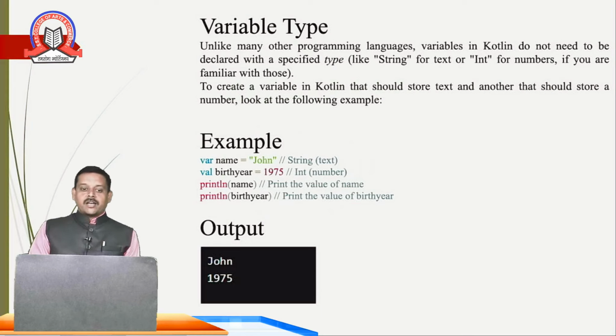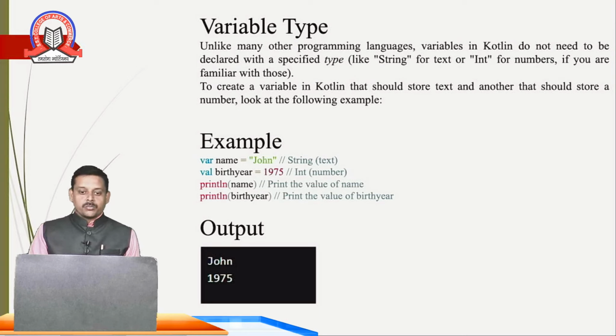Now let's have an overlook on the variable type. Unlike many other programming languages, we have various types of variables. Kotlin does not need us to declare it with a specified keyword like a type, such as string or int or any other.